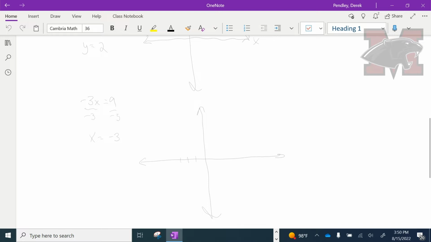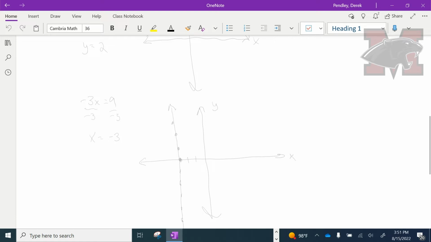Well, I know that would be a point. I know that would be a point. That would be a point. I'm starting to get all these points where the x value would be negative 3. And I'm starting to get this picture of a vertical line.